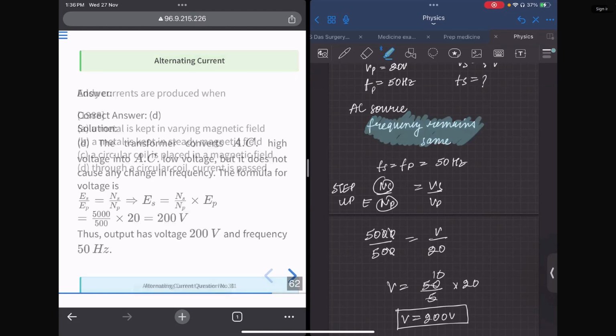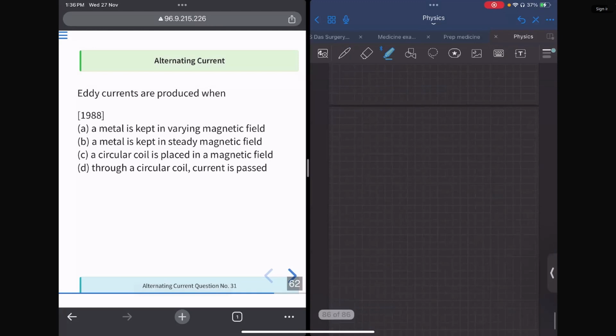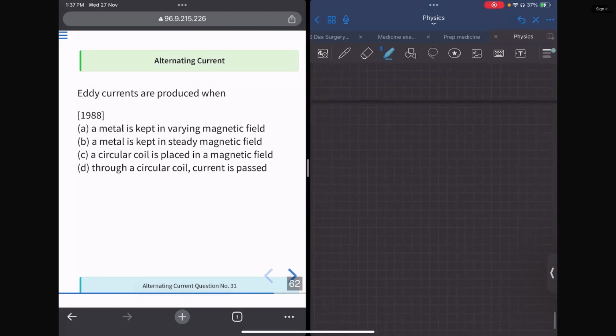Moving on to the next one, we have question number 31, which is related to eddy currents. When are eddy currents produced?